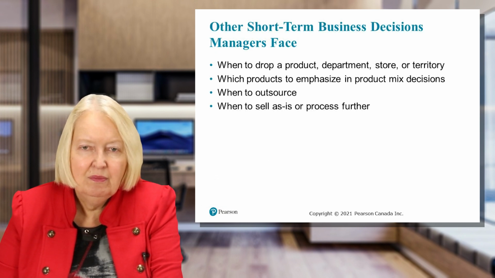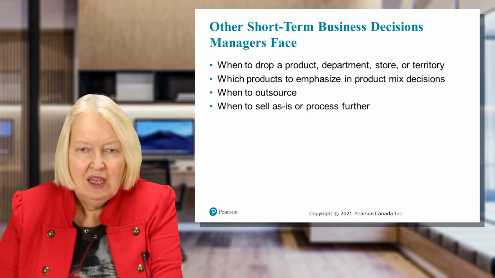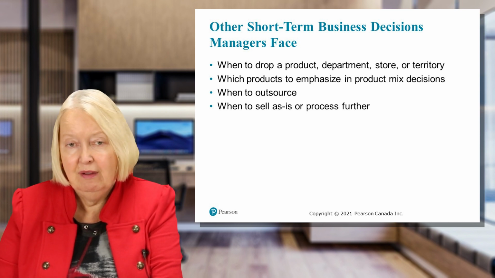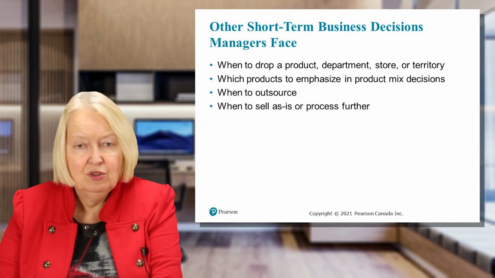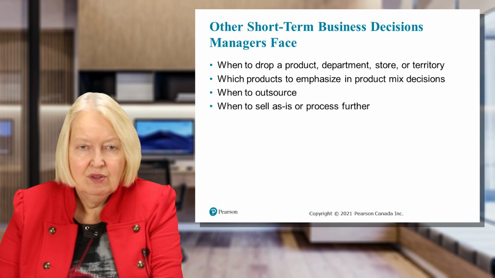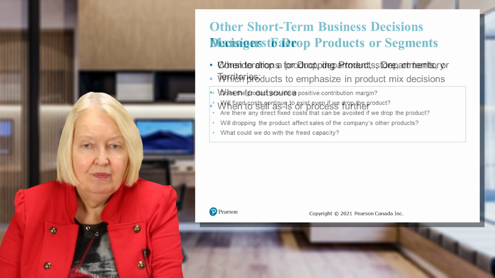So other short-term business decisions that managers face is sometimes you might have multiple products or departments or stores or territories, and you want to look at the profitability of each of those to see if maybe some should be dropped. The other area you consider is product mix decisions, when to outsource and when to sell as is or process further.